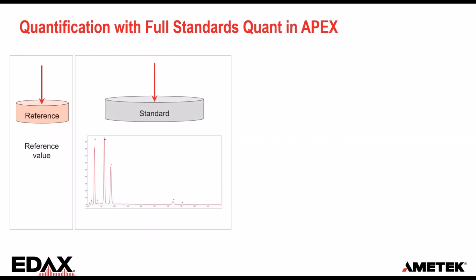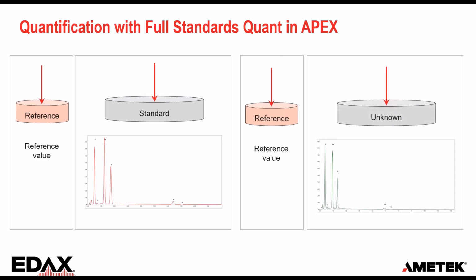Then we measure our standard. Then we measure our reference again. And then we measure our unknown sample. And at first glance, I've increased the K-ratio protocol from 2 measurements to 4. So why should this make our lives easier?